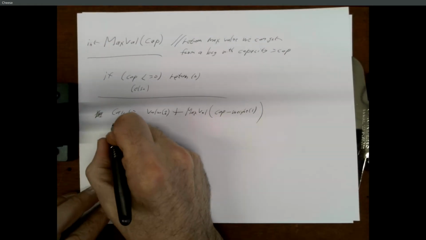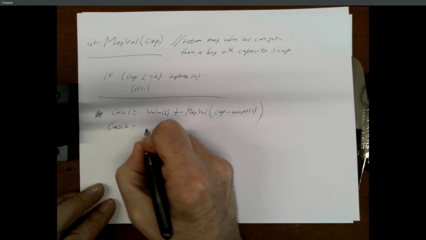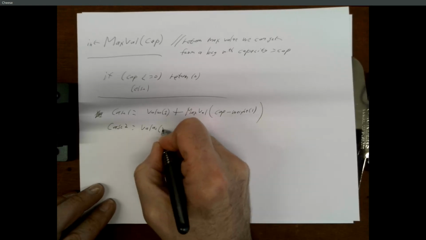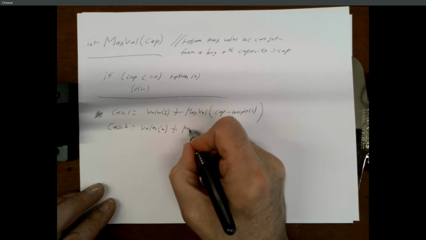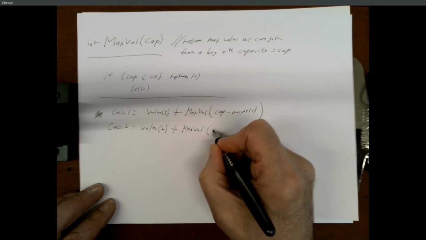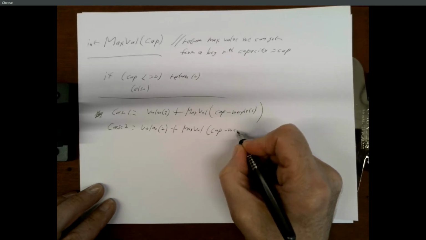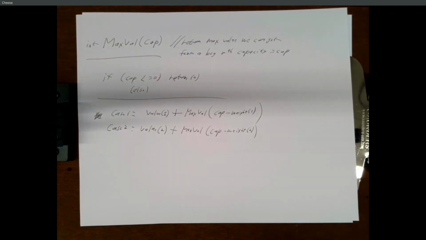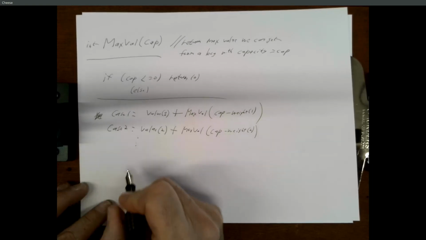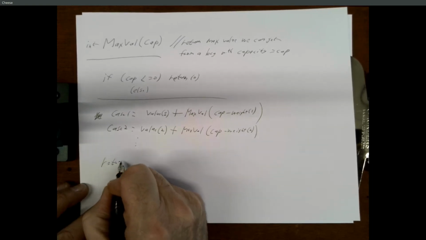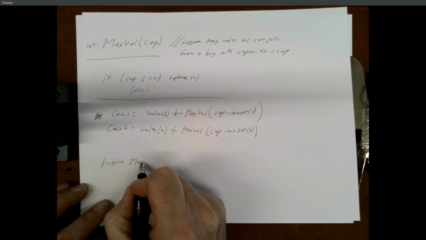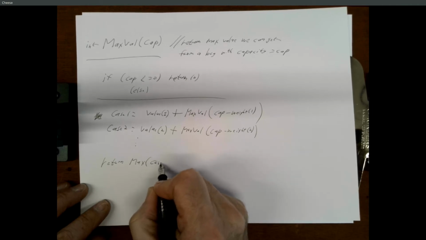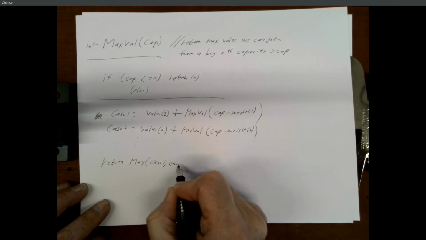If instead we had started off by putting item 2 in the bag, we would get the value of item 2 plus whatever capacity is remaining after we put that item in the bag. The max value we can get out of that. And we simply return the maximum of all of those possible cases.